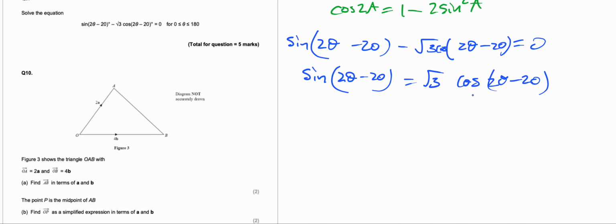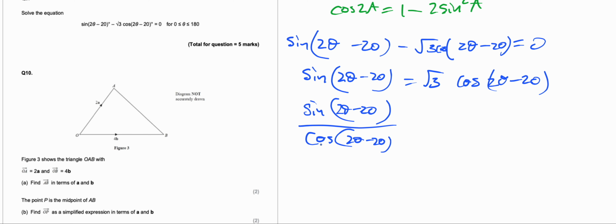Now if you divide by cos, you get sine(2 theta minus 20) over cos(2 theta minus 20). And you should remember that sine over cos, if the angle is the same, is just tan. So tan(2 theta minus 20) is equal to root 3.